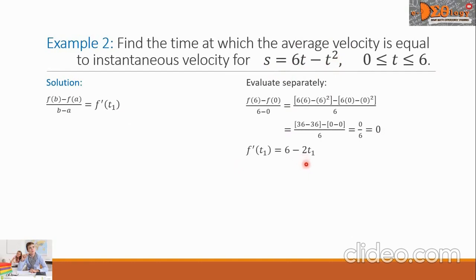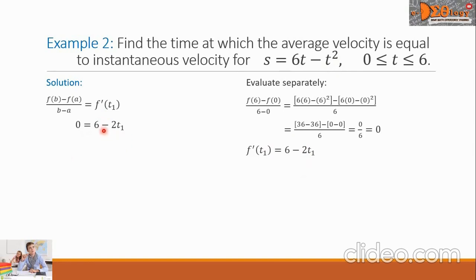We have now the values of the left side and the right side. Let us substitute the values respectively. So the left side is 0, and this is equal to the right side, which is 6 minus 2t sub 1. Let us solve for the t sub 1.